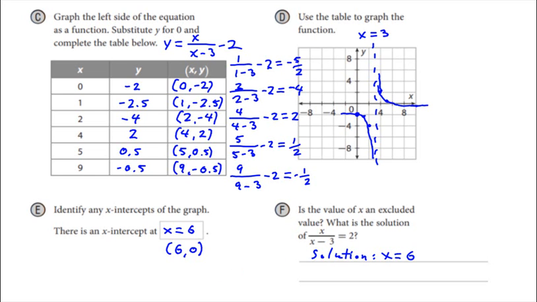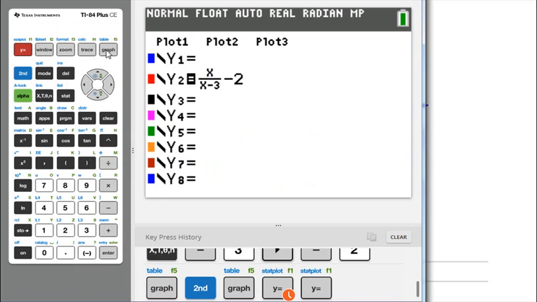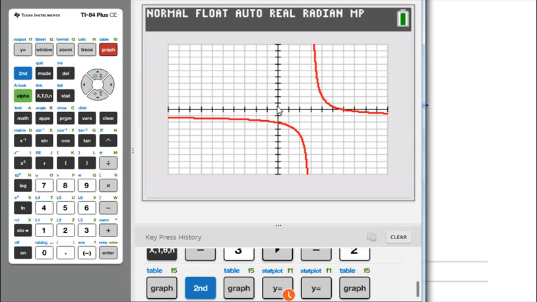And earlier I entered this function in the calculator and graphed it. Hope you can see that it looks like we have a vertical asymptote at x equals 3.